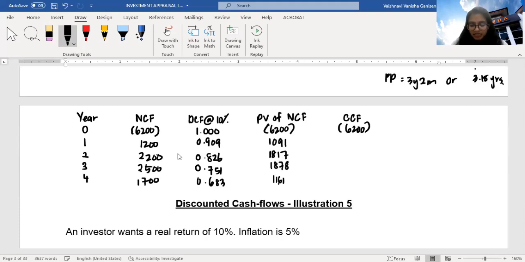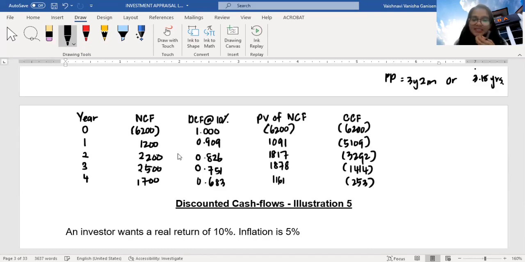Okay, negative 6200 plus 1091, this is negative 5109 plus 1817, negative 3292 plus 1878. Here it's negative 1414. Oh no, guys. Plus 1161. So here is negative 253.